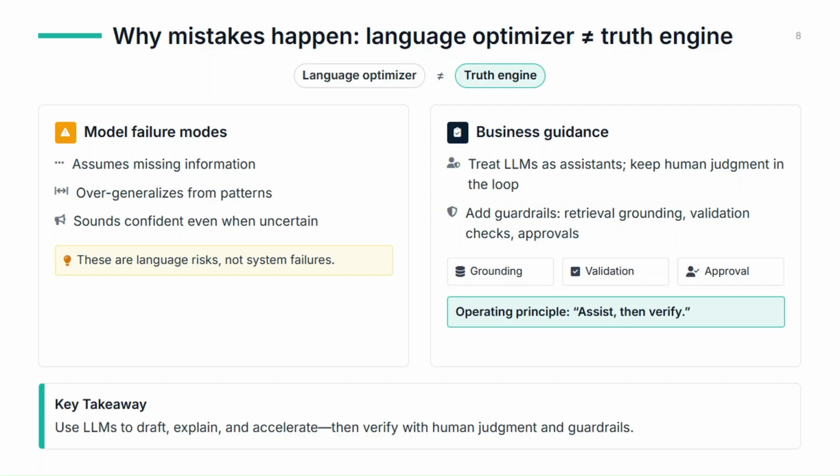This is not deception, it is how language prediction works. That is why LLMs must always operate with guardrails. The correct operating principle is simple: assist first, then verify. Humans remain responsible for validation, approval, and accountability.